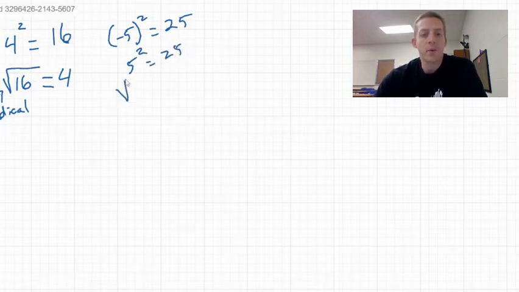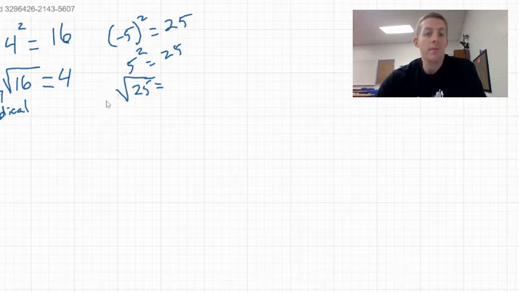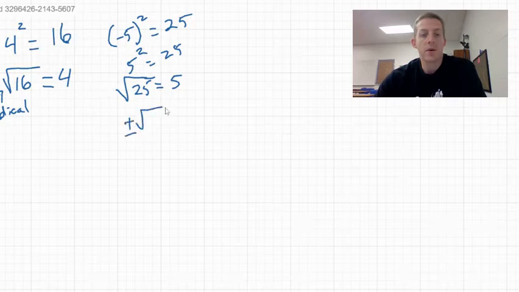However, if we take the square root of 25, because there's no symbol in front of here, we are assuming that the answer is going to be positive. It's going to be the non-negative version of this. Now, if we had plus or minus square root of 25, the answer could be -5, or it could be +5.